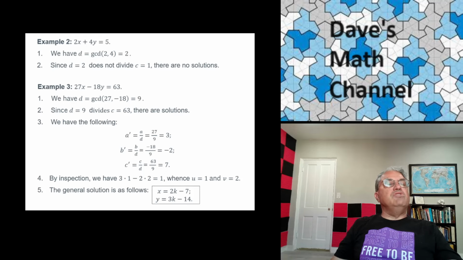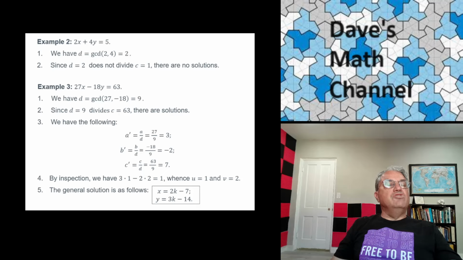You can see that by inspection. Look at the left side of this equation, 2x plus 4y. Obviously that's even because 2 and 4 are both even. So whatever's on the left side is going to be even, but 5 is odd. That's a proof at a glance that there are no integer solutions to this equation.